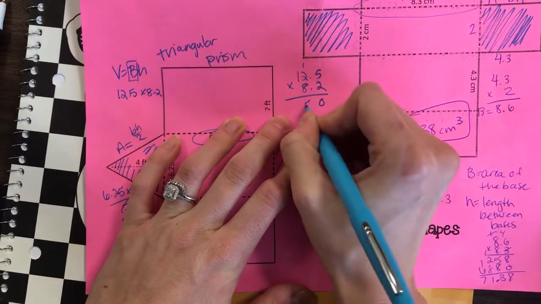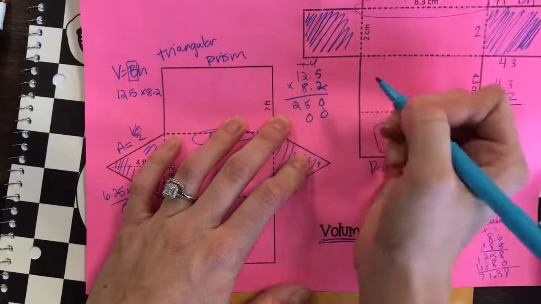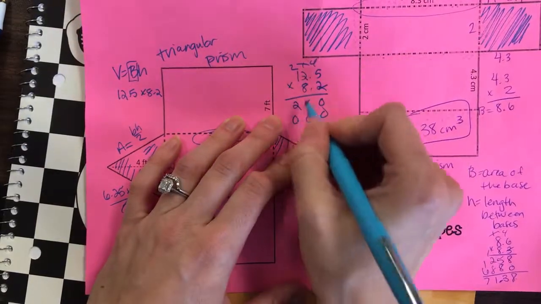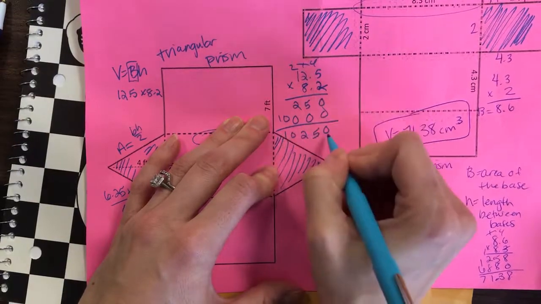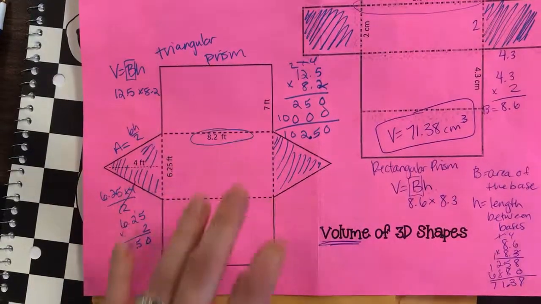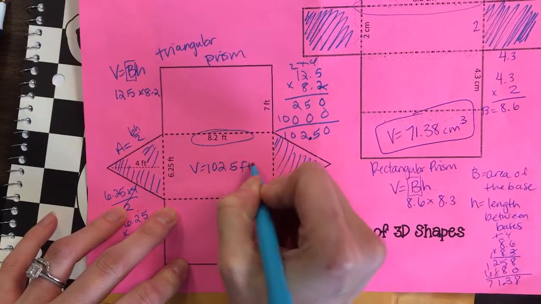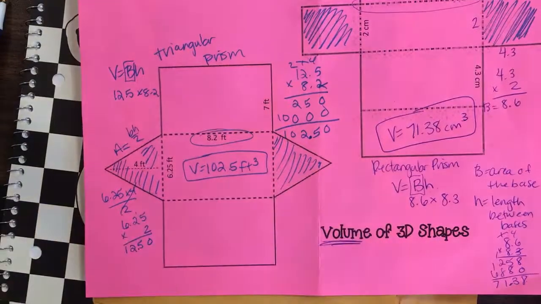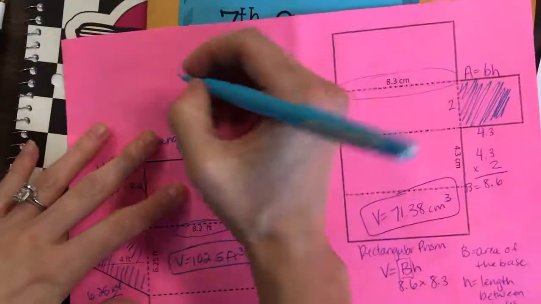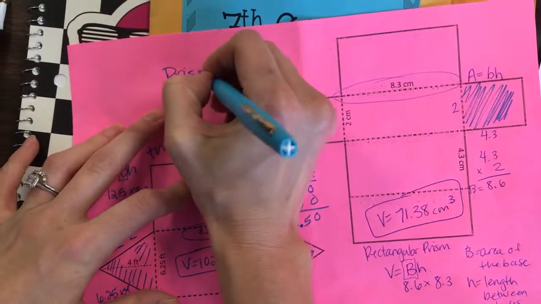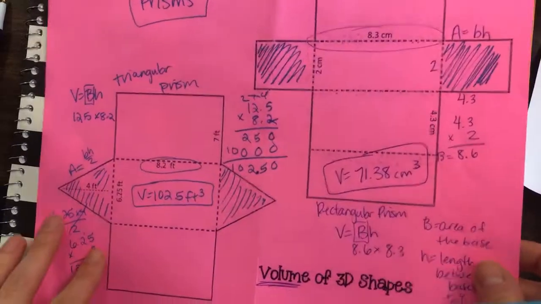So we got 10, 4, 5, 2, 40, 20, 8, 9, 10. So our volume is going to be 102.5 feet cubed. Okay, so these are our prisms. If you want to make a note maybe up at the top that these are your prisms, because you'll use a different formula for the pyramids.